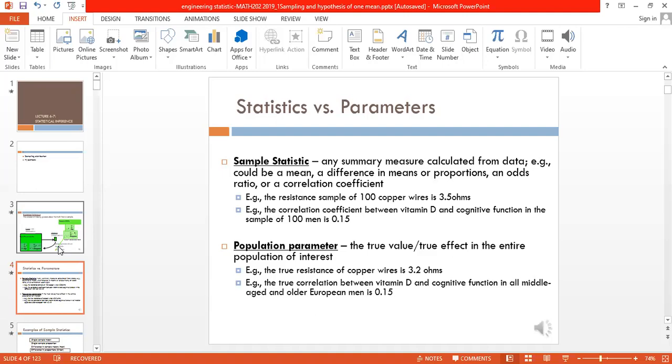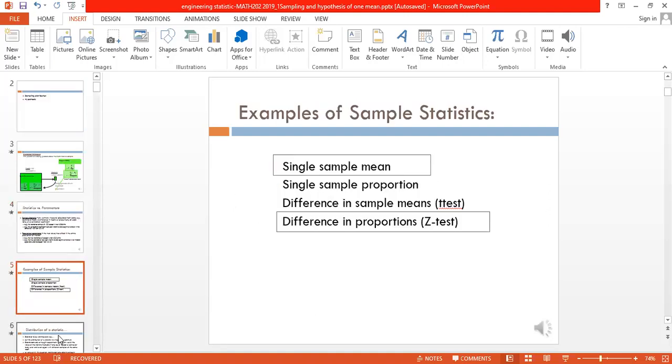Examples are stated here: the mean, the difference in the means or proportions, odds ratio, correlation coefficient, etc. Then population parameters are the true values we are looking for in the entire population of interest. So these are further examples of sample statistics.